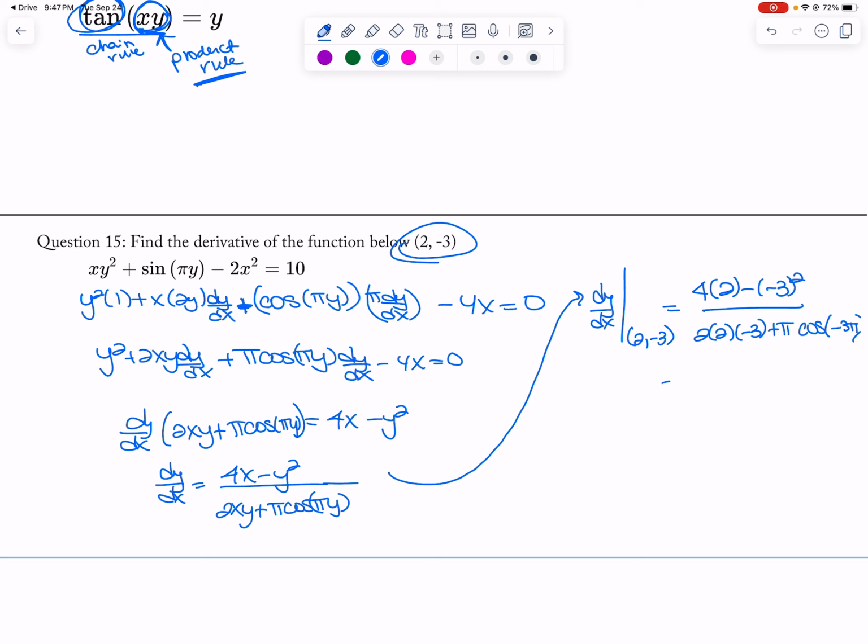So then I get 8 plus 9 over negative 12 plus pi. Cosine of negative 3 pi is going to be negative 1. So then this is going to be 17 over negative 12 minus pi.